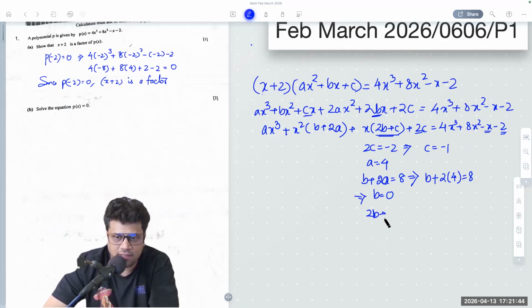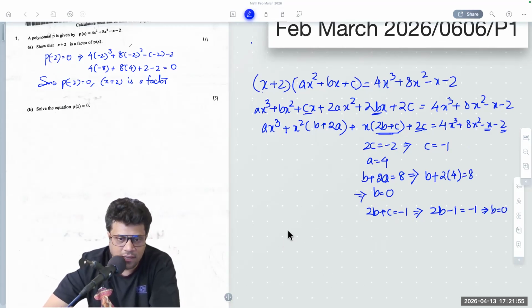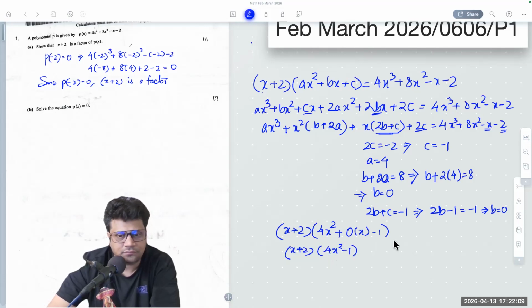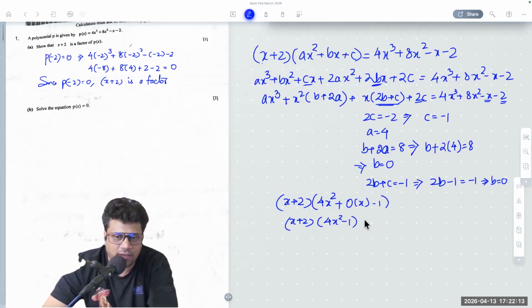So 2b minus 1 equals minus 1, which means b is 0 again. So yes, b is 0. So the quadratic we get is x plus 2 into 4x squared, b is 0, and c is minus 1. So you are looking at x plus 2 into 4x squared minus 1. And you have factorized the cubic now.